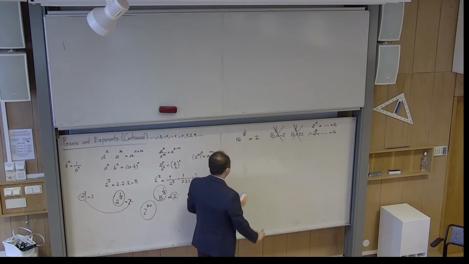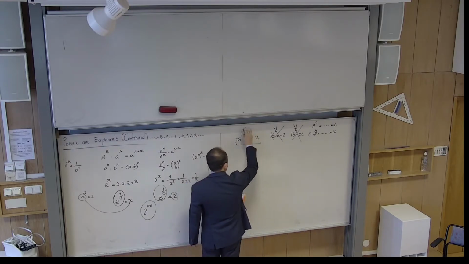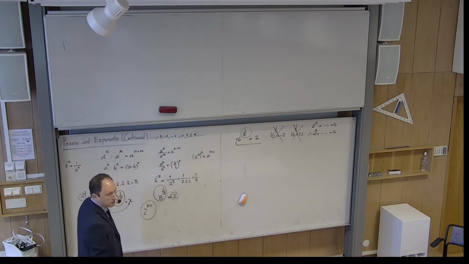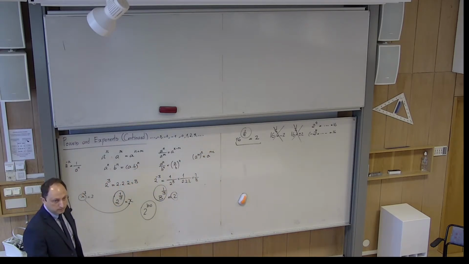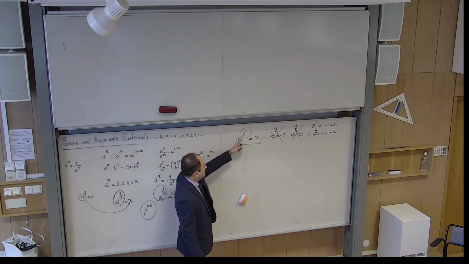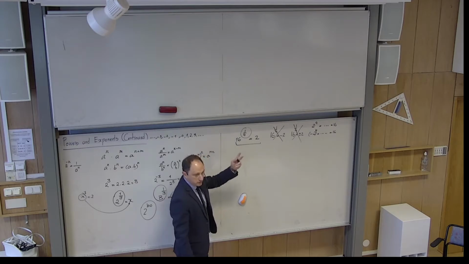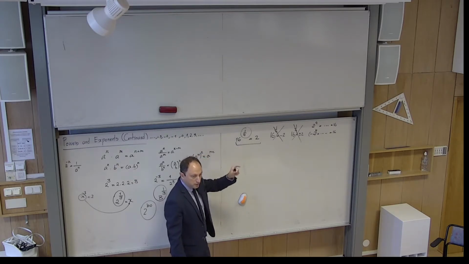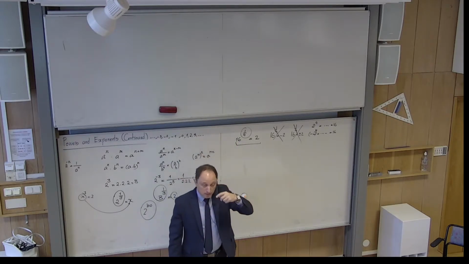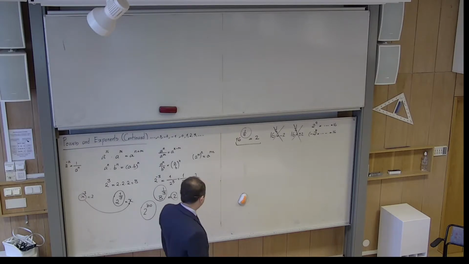So for the case that the denominator is an even number, this is the only thing that you have to be careful about. If I have an even number in the denominator, I always get 2 answers. But by convention, the one referred to by this symbol is the positive one.